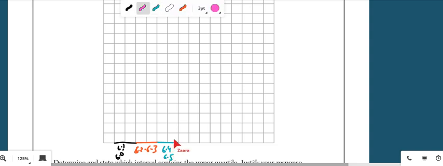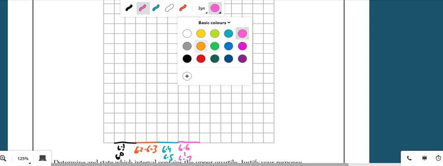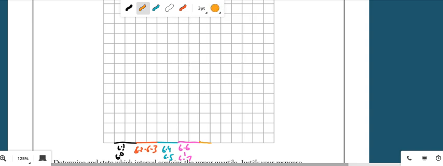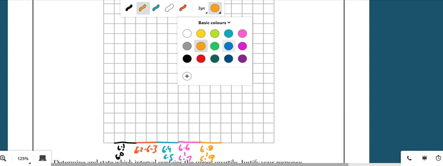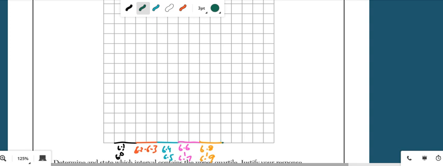And the next is for 6.6 and 6.7. Let me change the color. And the next one is for 6.8 to 6.9. Okay, and the next color is indicating 7.0 to 7.1.